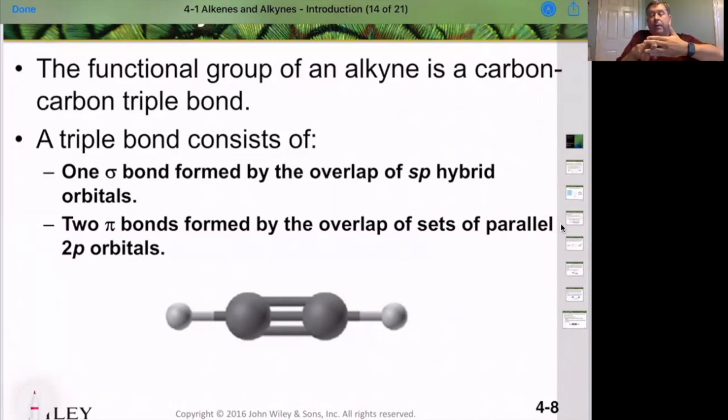So when we look at a triple bond, we have one sigma bond for 2 electrons, and two pi bonds for 2 electrons each, bringing a total of 6 electrons to form a triple bond.